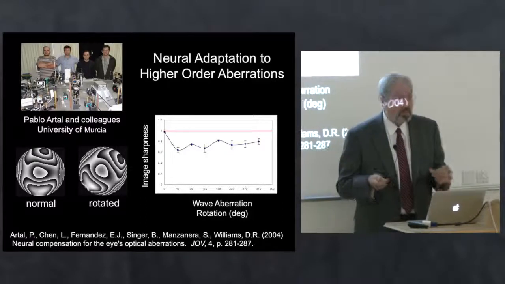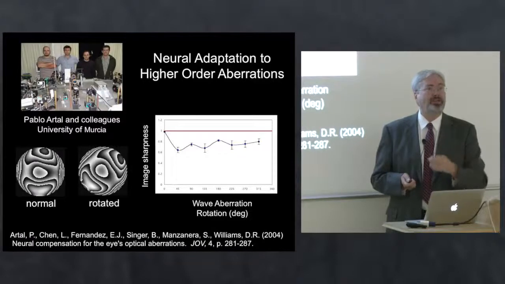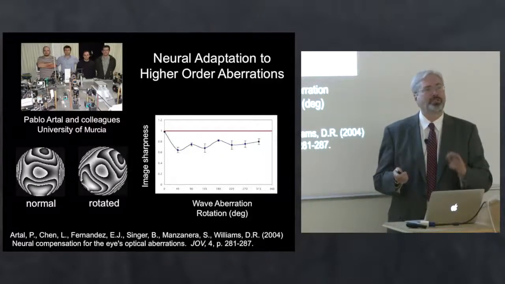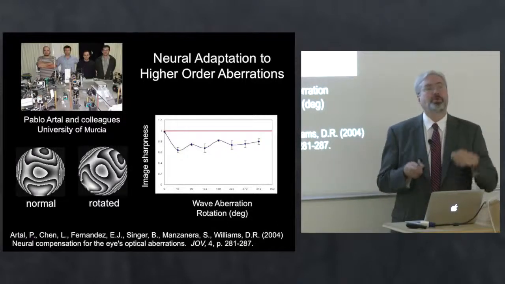Well, we now know that if you wait and give patients time to acclimate to a new wave aberration, say one that's reduced the higher order aberrations to 0, their visual performance will actually steadily increase. So initially, you don't get much psychophysical benefit from correcting higher order aberrations, or you get some, but not as much as you might expect.